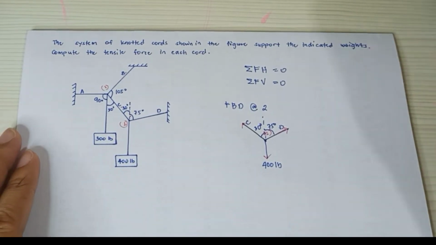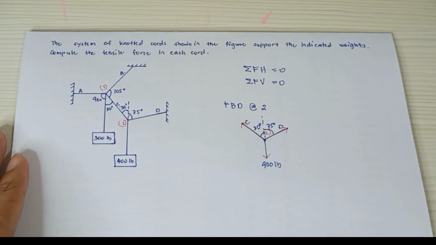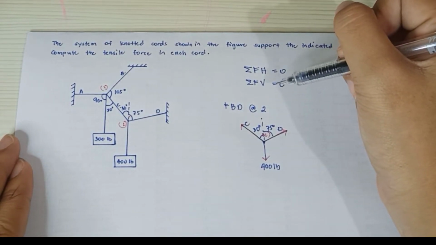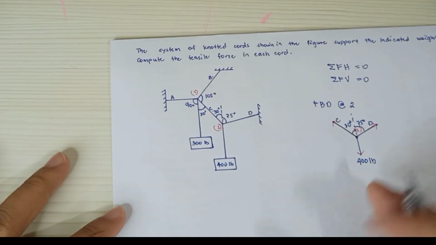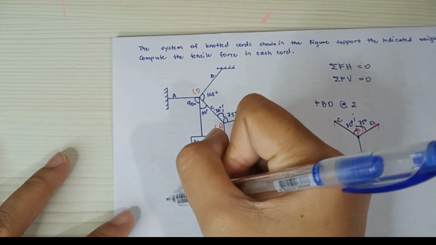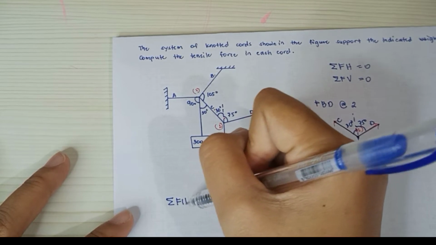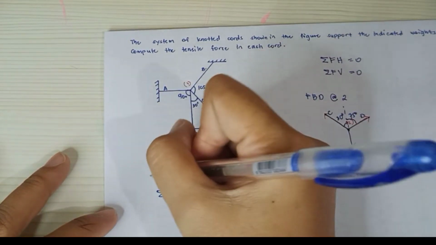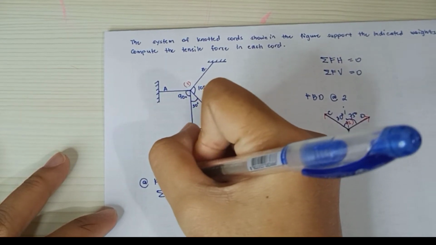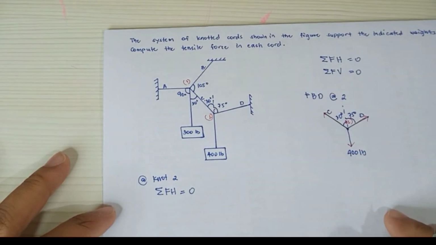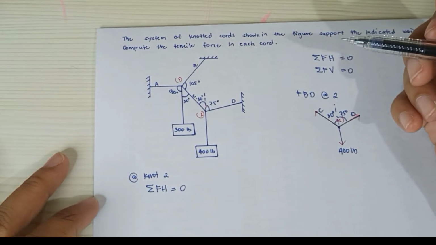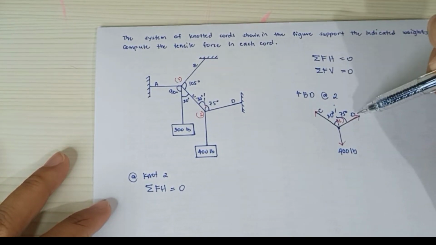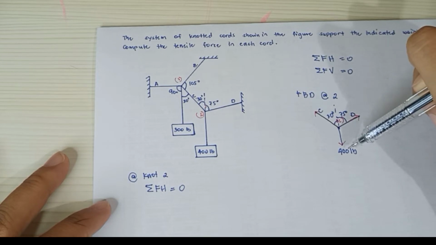Okay, so let's start solving for the summation forces horizontal and summation forces vertical. Okay, so unahin natin yung horizontal. Summation forces horizontal is equal to 0. At knot 2 pa rin tayo. Okay? We have chord C, chord D, and the weight 400.